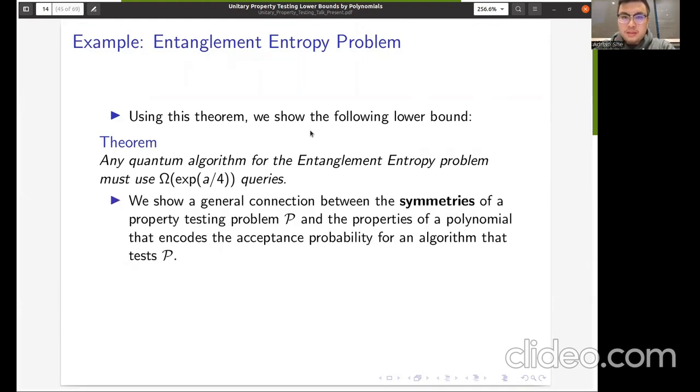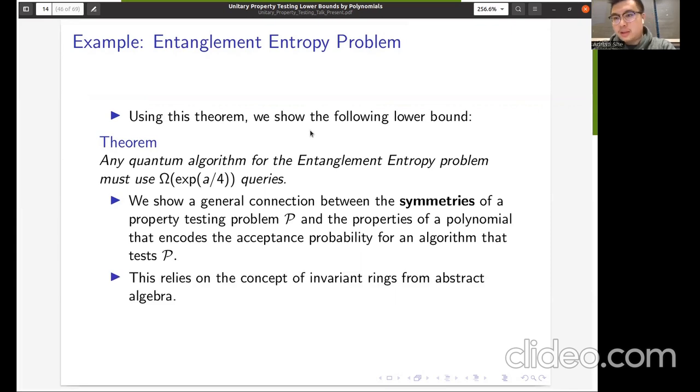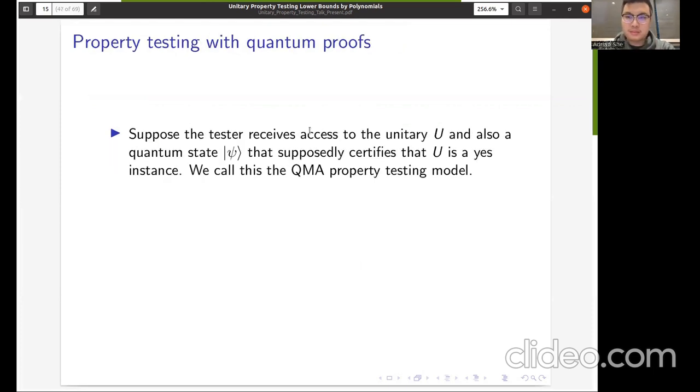In particular, we also show a general connection between the symmetries of a property testing problem and the properties of a polynomial that encodes the acceptance probability for any tester for this property P. This relies on the concepts of invariant rings that are studied in abstract algebra, and we leave the details of this to our paper.